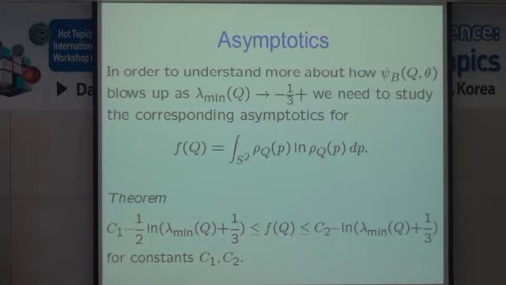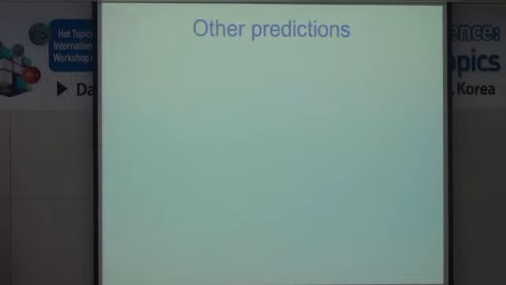In any case, one estimate is done by taking rho_Q as the minimizer, so you take some kind of competitor, and that gives you one estimate. And then there's a dual variational principle, which gives you the other estimate. So anyway, logarithmic growth as you hit minus a third.